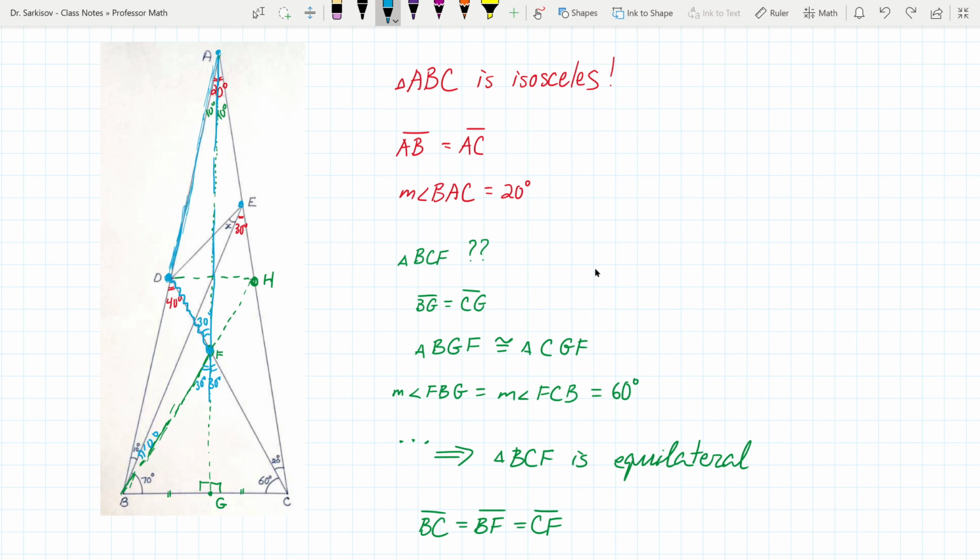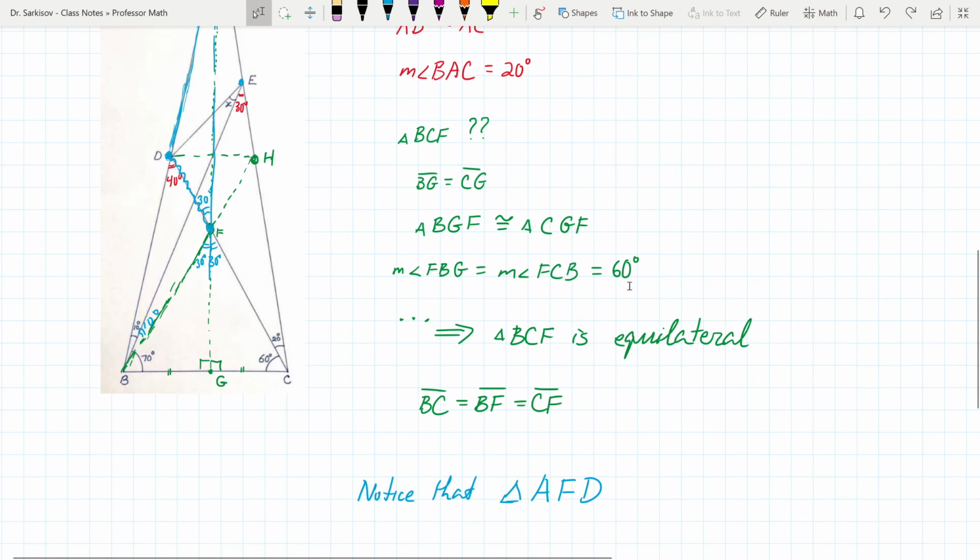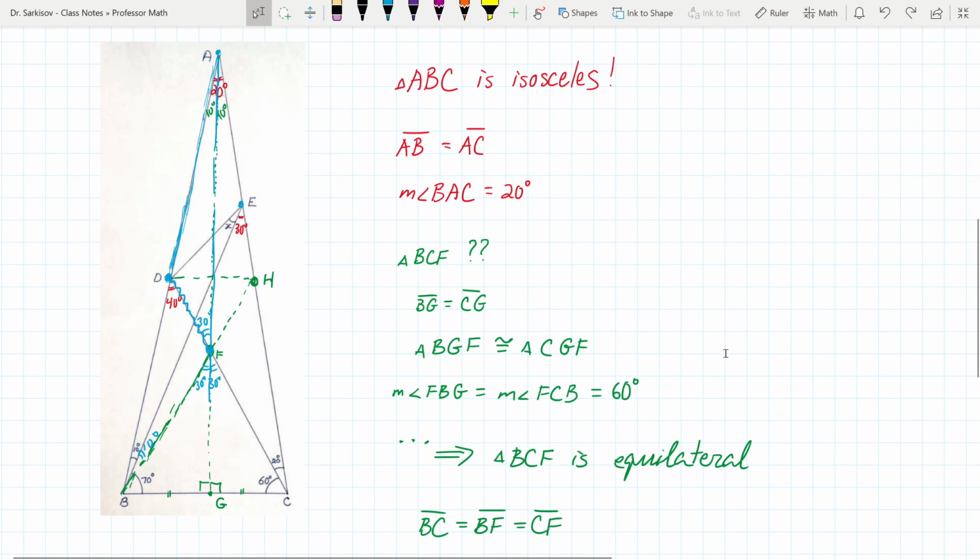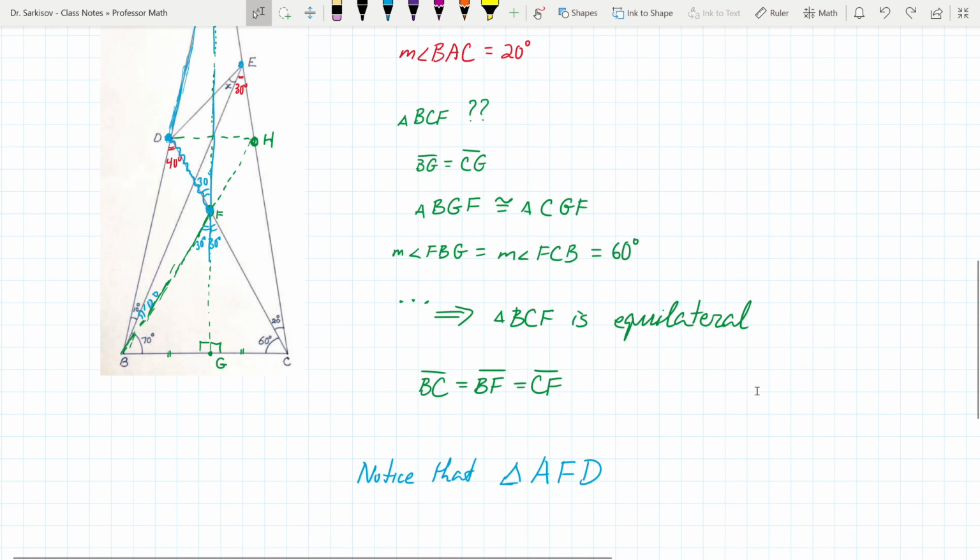So triangle AFD, the blue one, is similar to triangle BEH. See this triangle BEH? They're similar. Why are they similar? 10, 30 degrees also. This is a very tricky argument.